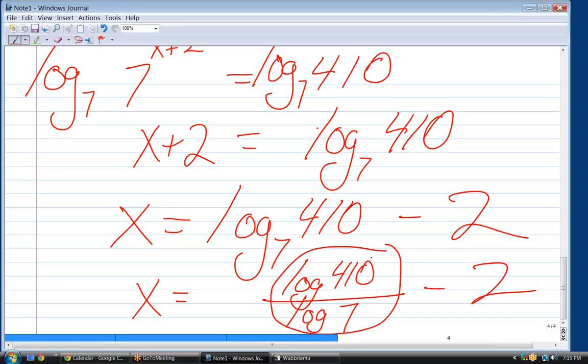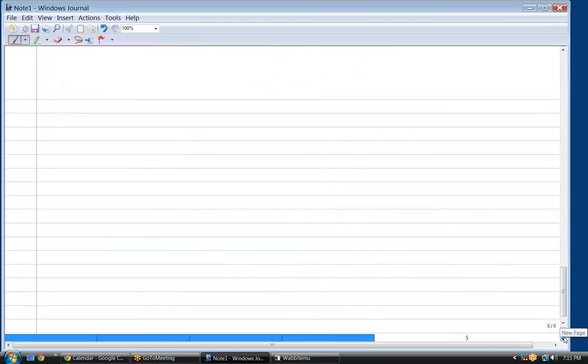Is that common log? Yeah. Turns out that it doesn't matter. It can be natural log, it can be common log, it could even be log base 17, but you wouldn't be able to get that number out of your calculator. So you want to make it either natural log or common log, which are the two keys your calculator has.